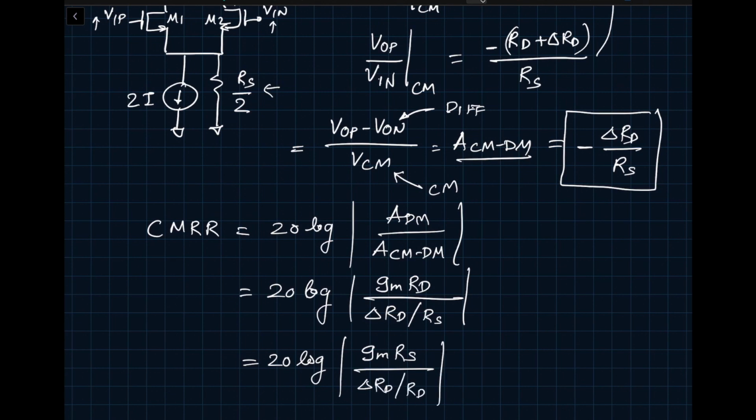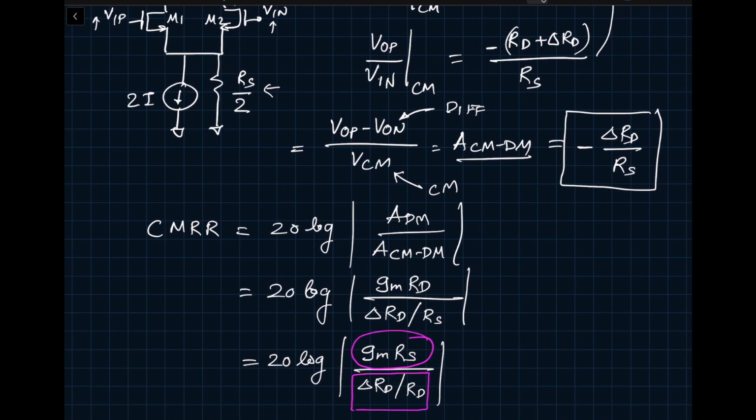What does this expression tell us? If you compare the previous expression, that expression also had GMRS. So RS has to be large, first of all. If the RS is infinite, then we don't have a problem. But RS will be finite. So in that case, how well the two transistors match? If delta RD is really small, 0, then again we don't have a problem.